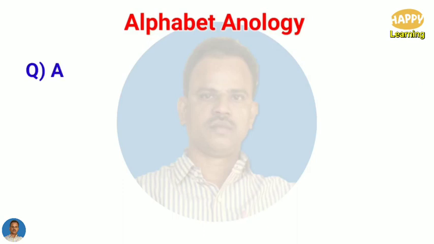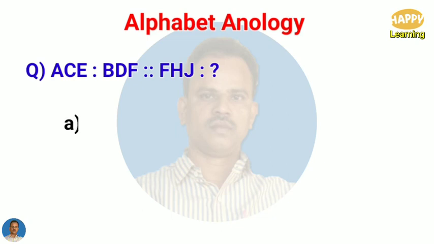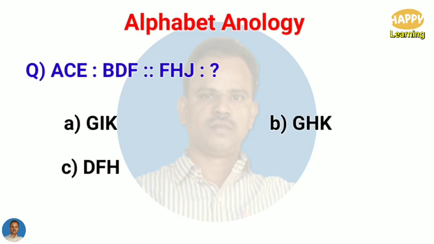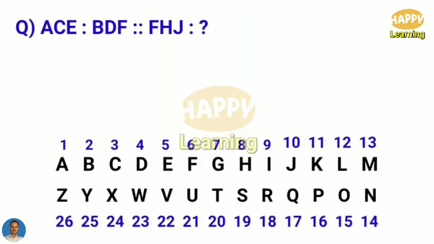ACE is proportionate to BDF is same as FHJ is proportionate to dash. And the options given are GIK, GHK, DFH, FHI. ACE is related to BDF. So from A to B, very next element, so plus 1 is done.